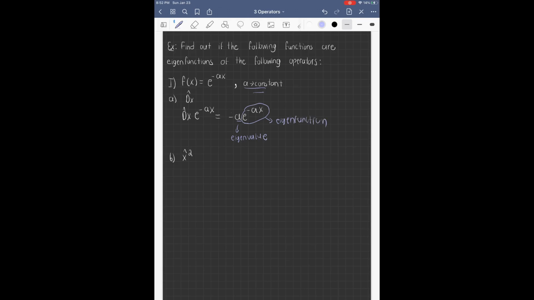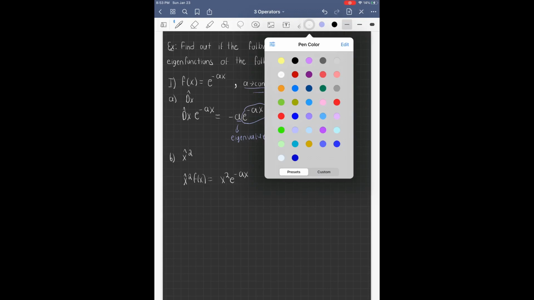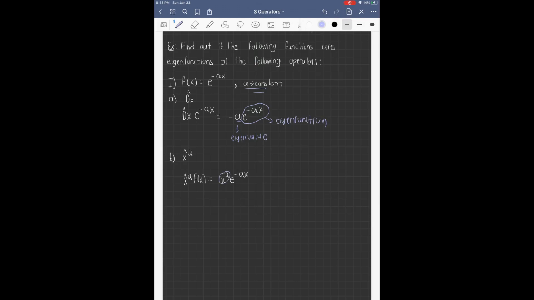So this proves that e to the negative a x is an eigenfunction of the derivative operator. Now how about x squared? If we apply the x squared operator onto f of x, this gives x squared times e to the negative a x. Unfortunately, e to the negative a x is not an eigenfunction of the x squared operator, because you have the x squared here, which is not a constant.